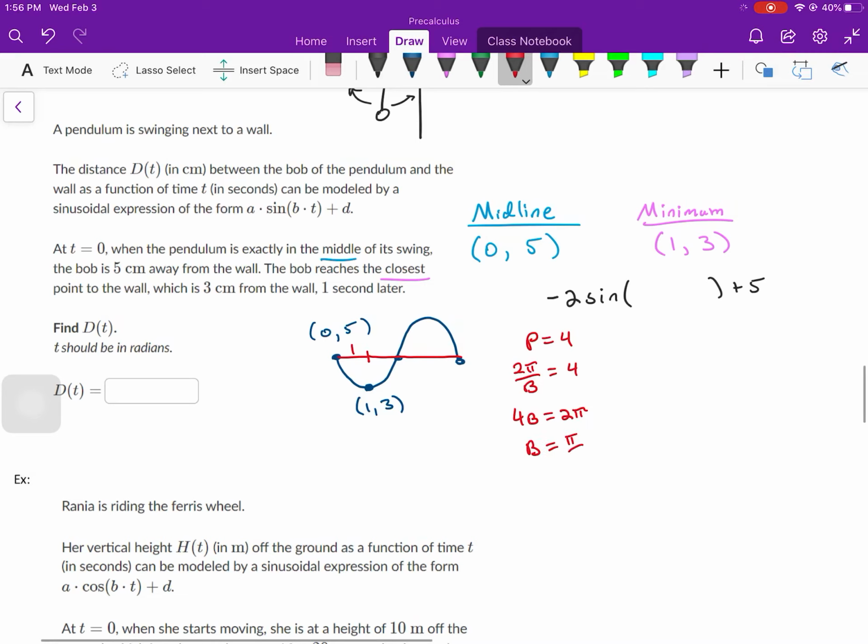So b equals pi over 2. That's what's going to go in front right here. And then looking at this, we're starting right on the y-axis because x equals 0. So depending upon that value, actually it's just going to be x. I don't even have to worry about a shift left or right.